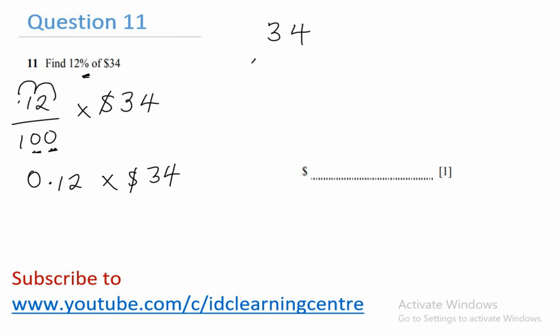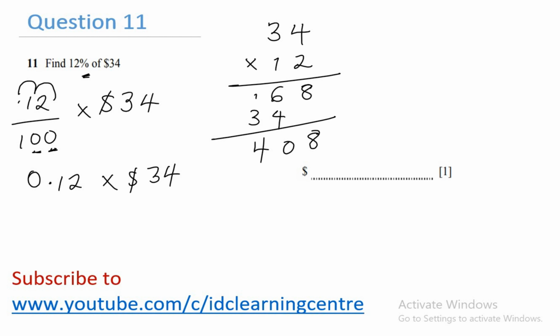34 times 12. 2 times 4 is 8. 2 times 3 is 6. 1 times 4 is 4. 1 times 3 is 3. So we have 8. 6 plus 4 is 10. 0 carry 1. That's 4. So my answer will be 408.